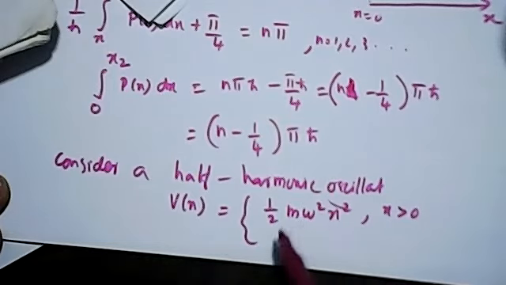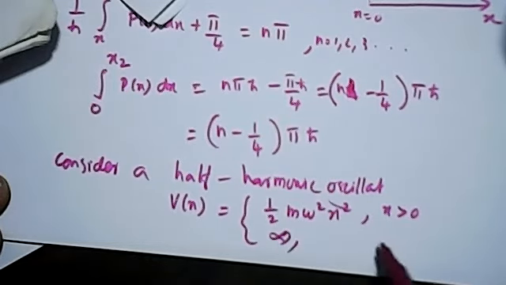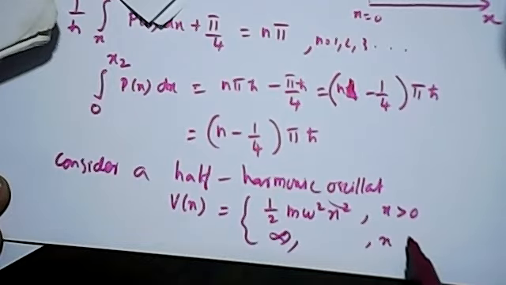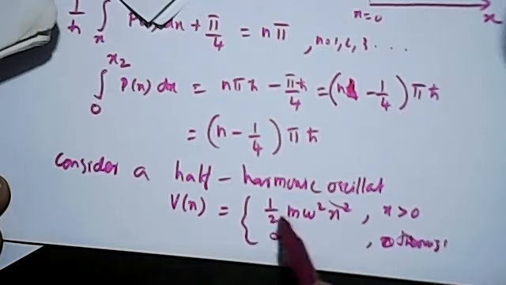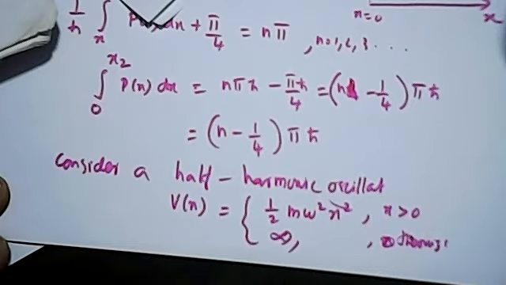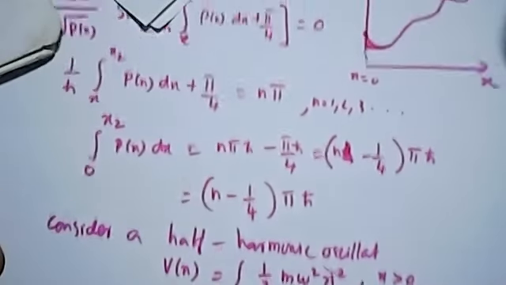On the left side it is infinity when x is otherwise. When x is greater than 0, it is the harmonic oscillator potential, otherwise it is infinity. This is the way we can write the potential mathematically.